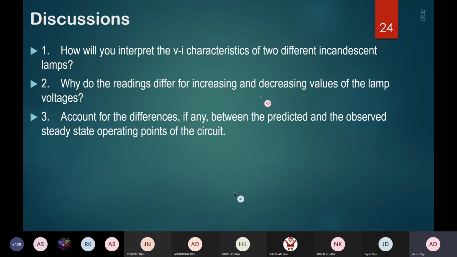Account for differences, if any, between the predicted and observed steady state operating points of the circuit. What you write is: if the VI characteristics are not drawn properly, then what you get from the graphically estimated value will not be the same as the experimental one, and it will give you a different value.